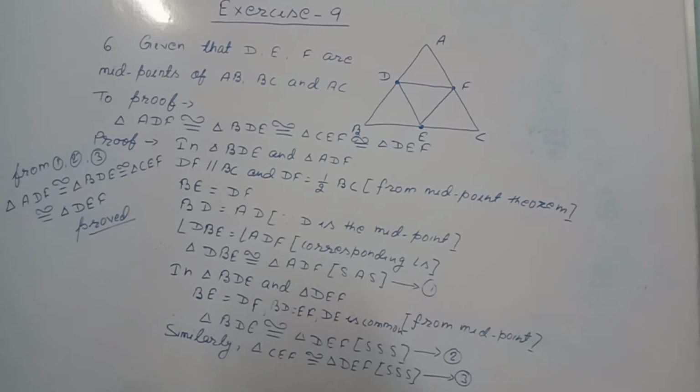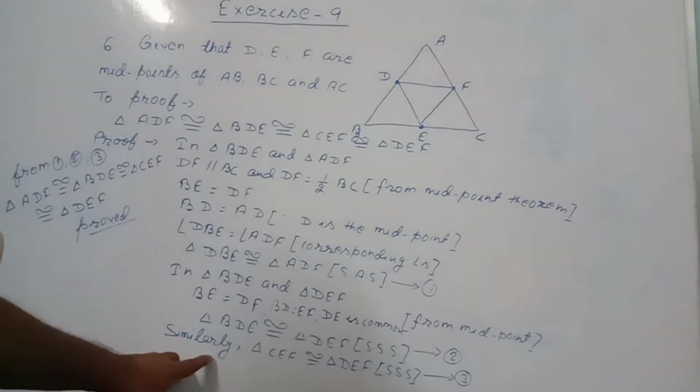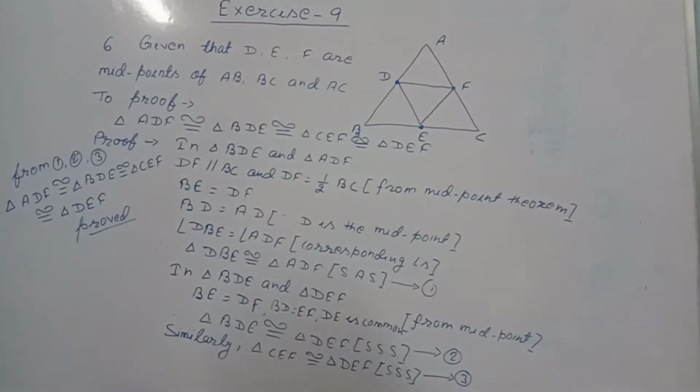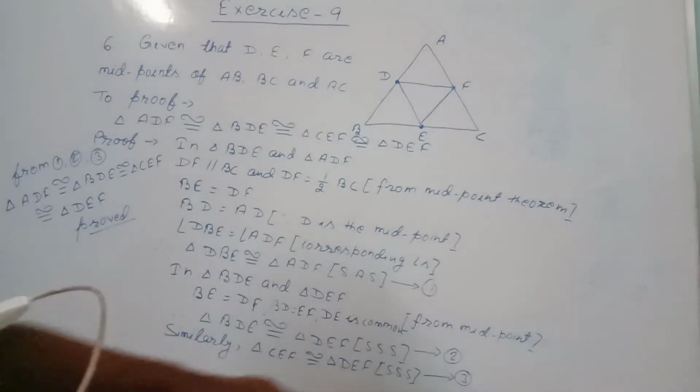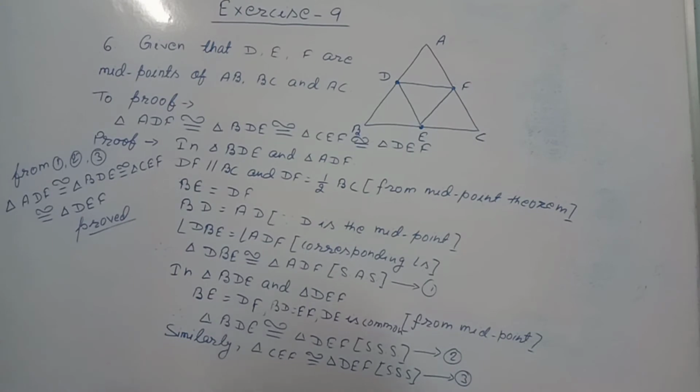Similarly, BD equal to EF, and DE is the common side. Therefore, triangle BDE is congruent to triangle DEF from the SSS axiom of congruency. Now, similarly, triangle CEF and triangle DEF will also be congruent from the SSS axiom of congruency.